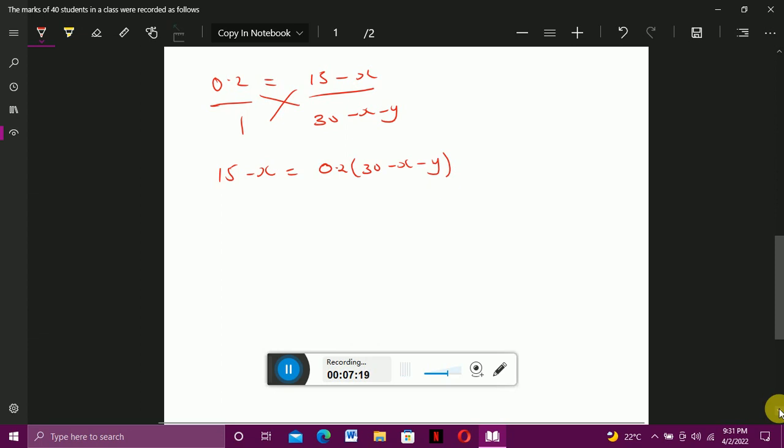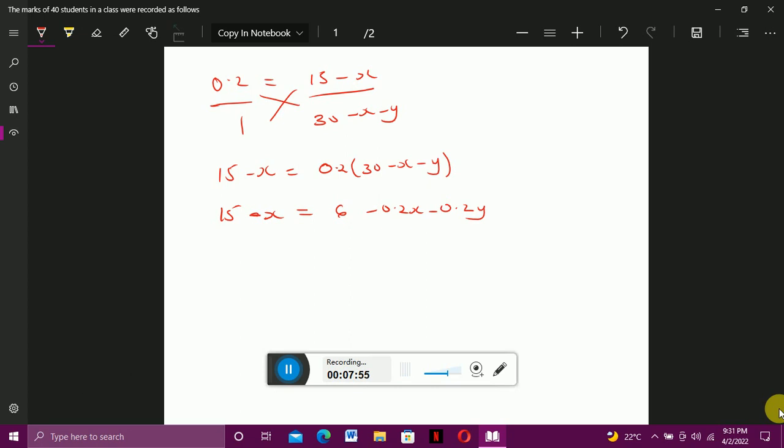We work out that 0.2 times 30 gets 6. So we have 15 minus x is 6 minus 0.2x minus 0.2y.